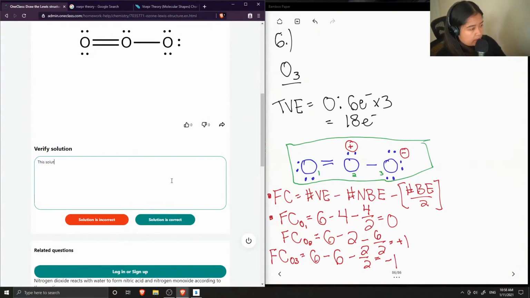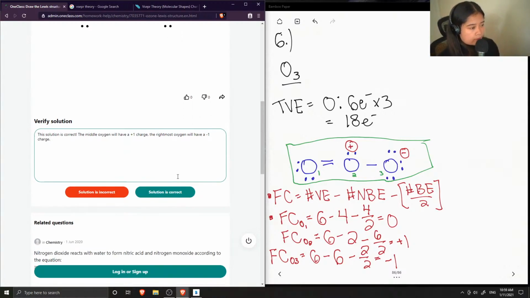So this solution is correct. So I just added their charges.